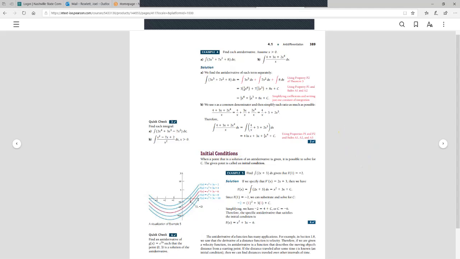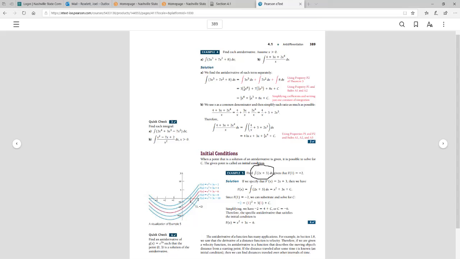So let's see what they did here. Example 5 says to find the antiderivative of 2x plus 3 with respect to x if capital F of 1 is equal to negative 2. Well, here they've given us some additional information. They have told us that if x is 1, the y value is negative 2 for capital F, which is the antiderivative.